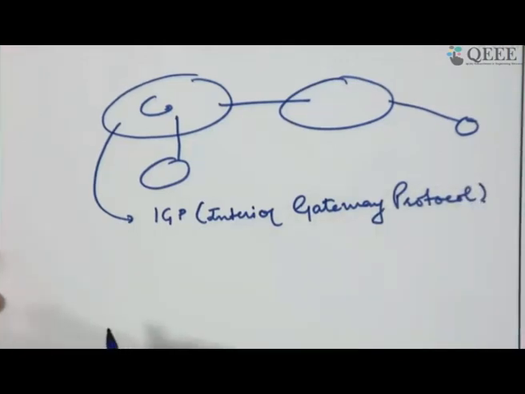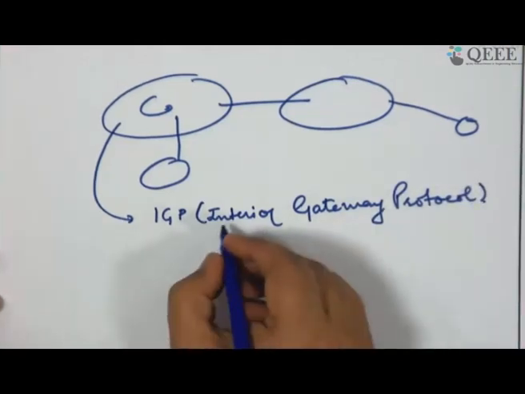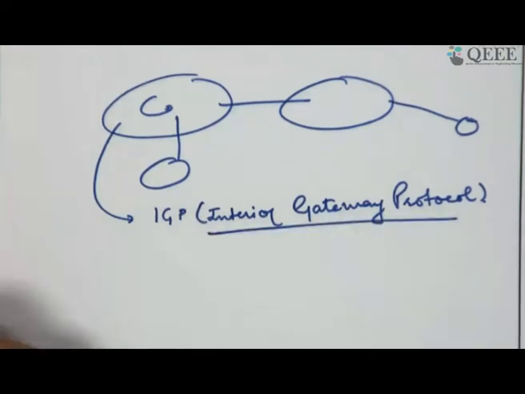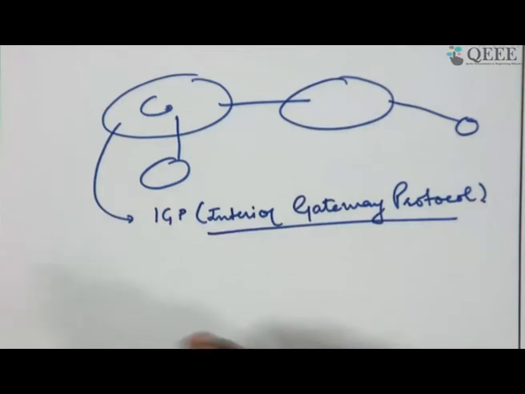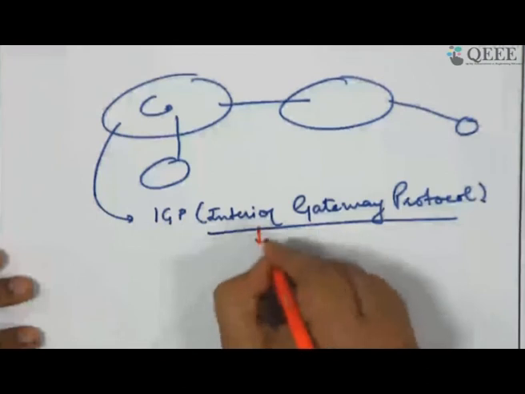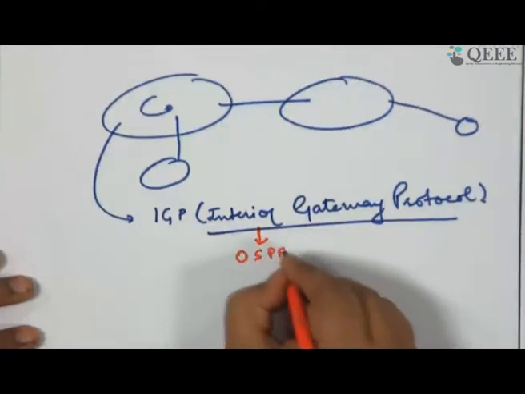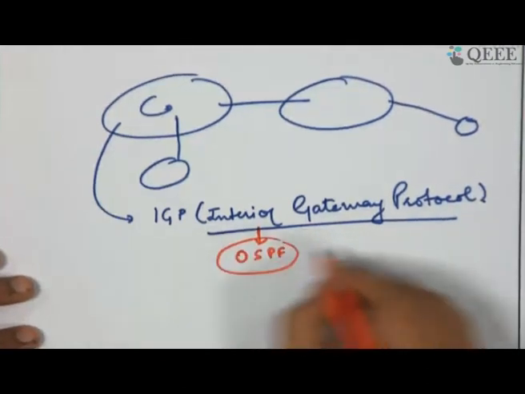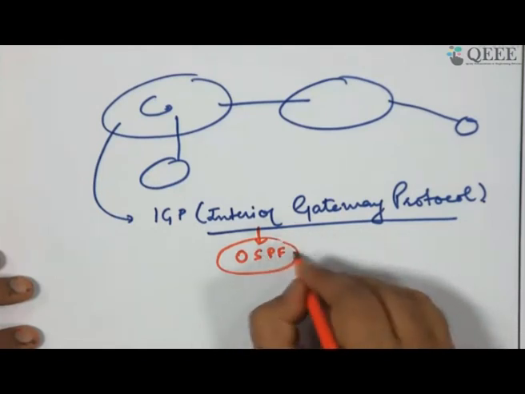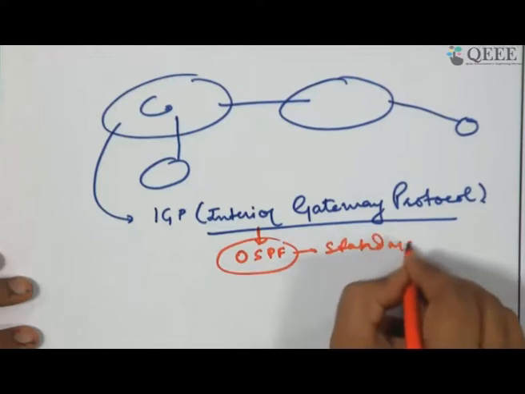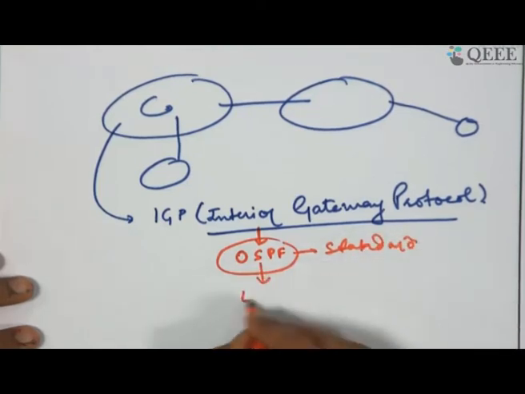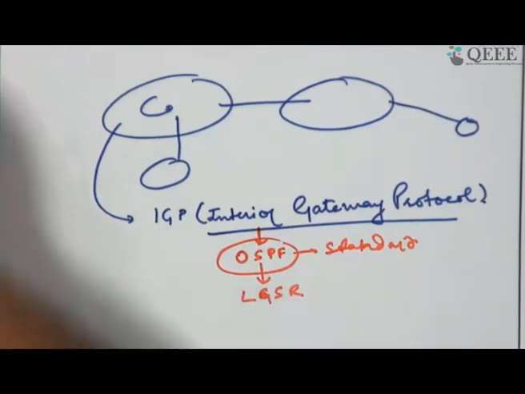This standard, popular algorithm is OSPF, and OSPF works on link state routing. The basic principle is link state routing.